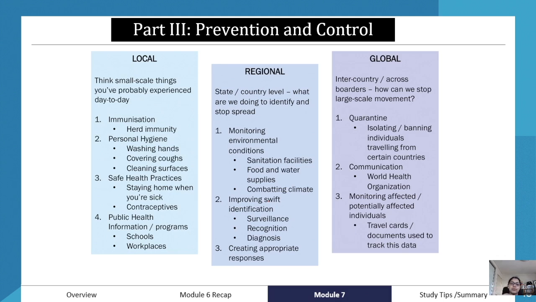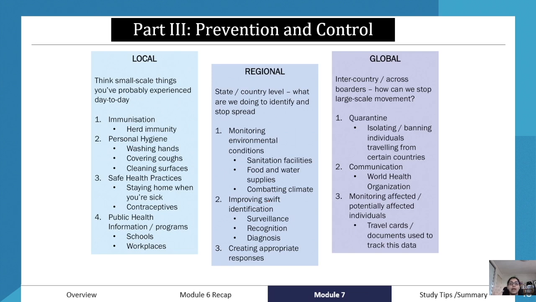Also, towards the end of the pandemic, they started to test the sewage water of specific areas in order to identify which buildings or which areas had infections. So that was another thing that they were doing, and generally creating appropriate responses.